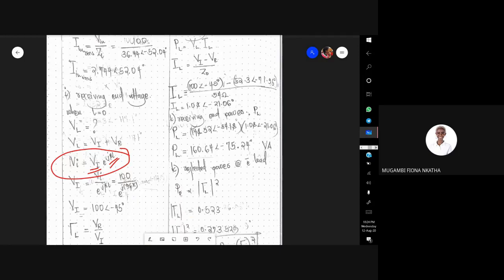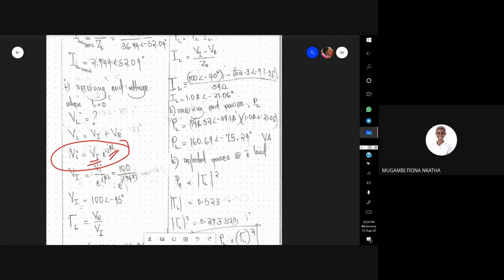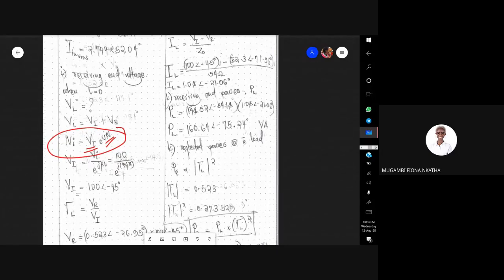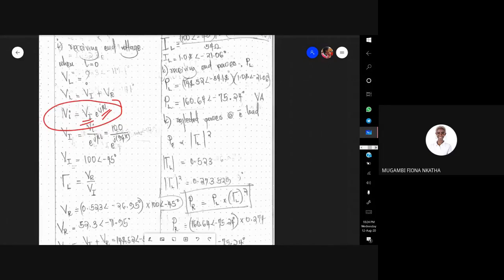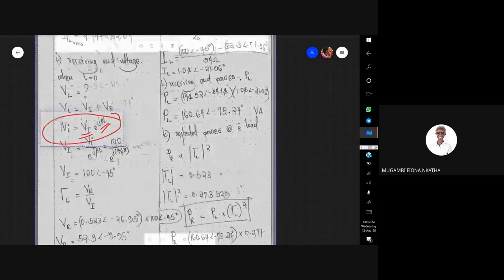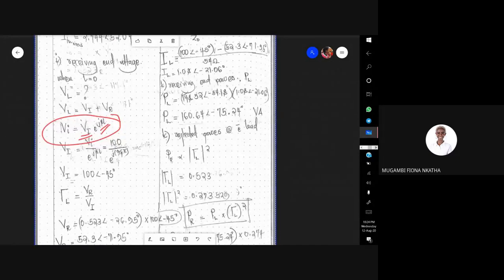Then gamma L. Then you have the input voltage, right, when L is equal to 0. So now you have to find capital VR, and we found gamma L, right? Yes. And you have VI, so you just substitute that back, and you'll be able to find your VR.